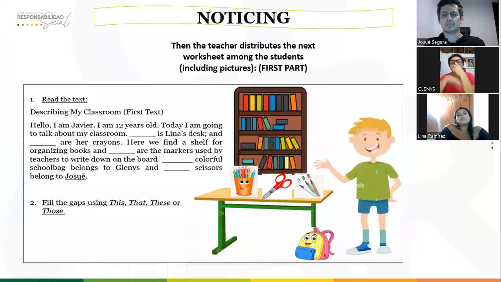When the reading is done and the students have paid attention, they will be given a worksheet with an activity that consists of having the students fill in the blanks by reading the worksheet and taking into account the readings done by the teacher in the first part.